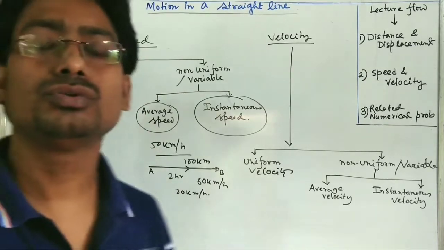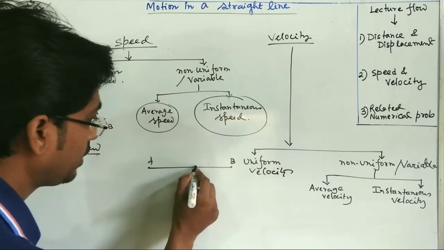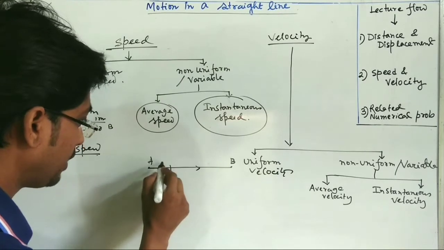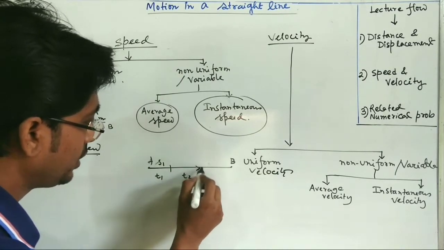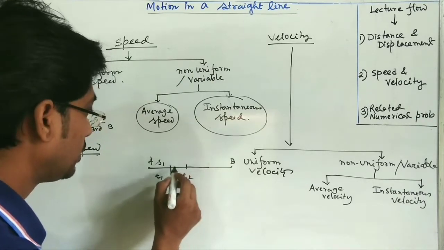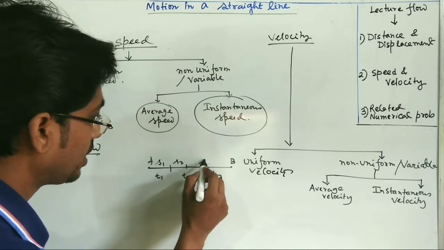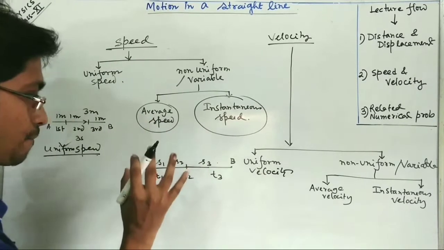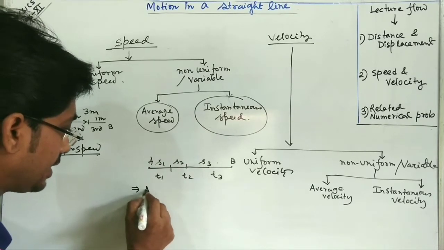So how do you calculate average speed? The body is moving from A to B, and in the first T1 interval of time, the body traveled S1 distance, in T2 interval of time the body traveled S2 distance, and in T3 interval of time the body traveled S3 distance. On this raw data we can find out the average speed.